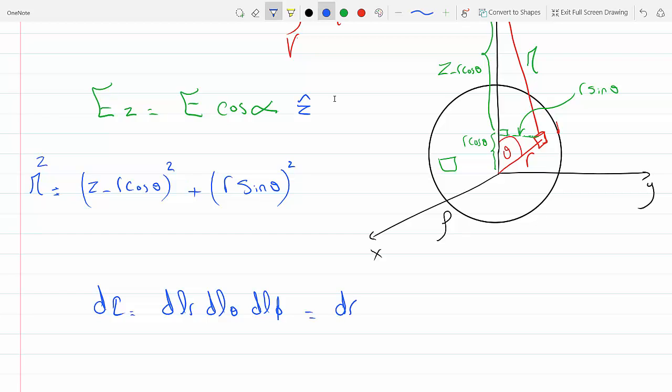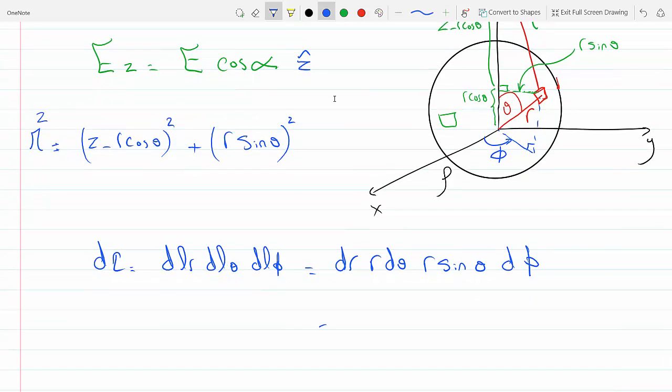It's dr. What's dl in the theta? It's r d theta. And what's dl in the phi? By the way, phi is, if you project this here, this angle here along the sphere. So dl phi is r sine theta d phi.